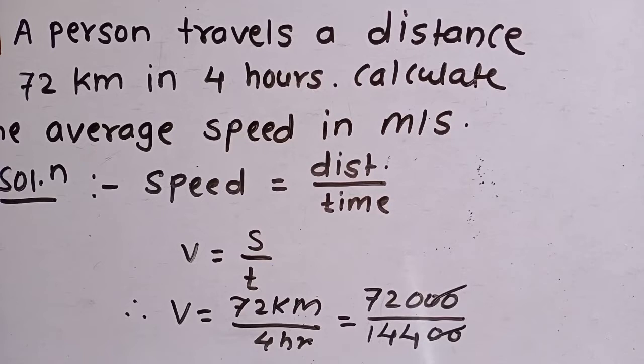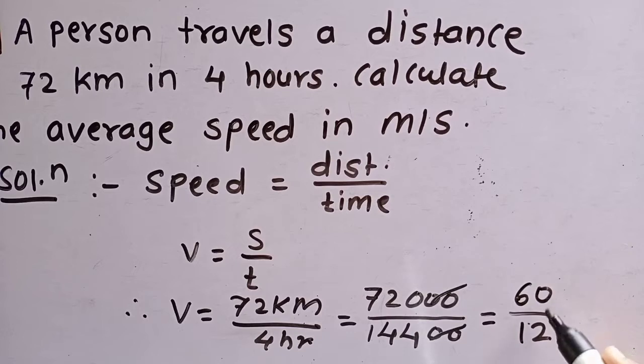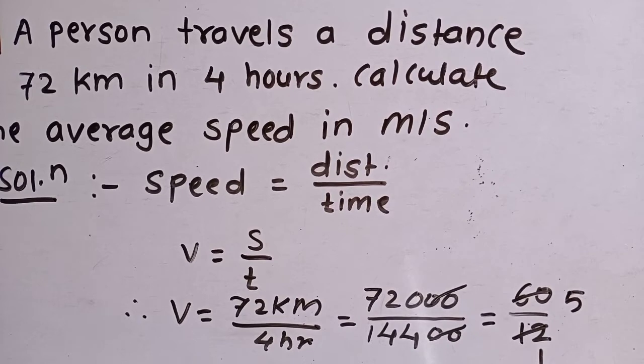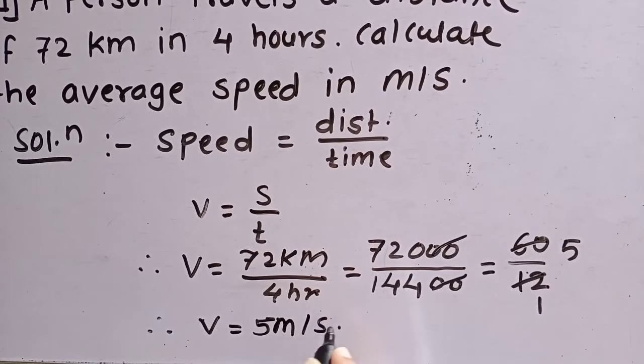Then you can divide it by 12. 12 sixes are 72. So 60 by 12 again. 12 fives are 60. Therefore, speed is equal to 5 meter per second.